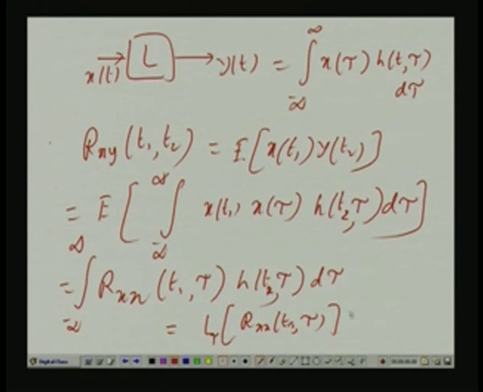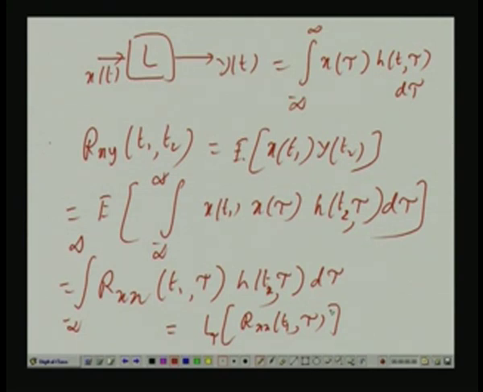So, when I say L tau, it means you give this function R x x t 1 comma tau as a function of tau to the system input.